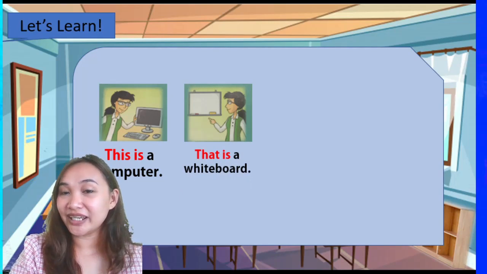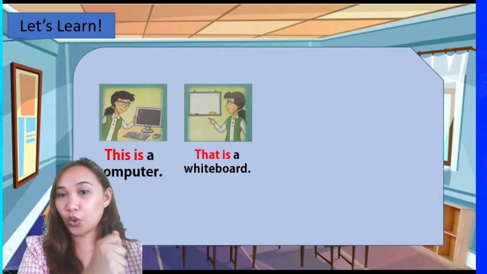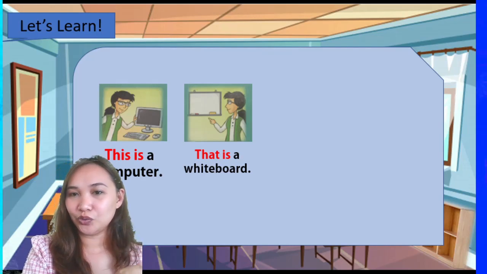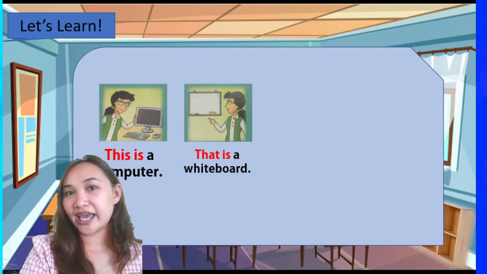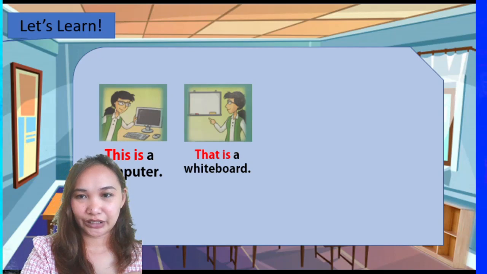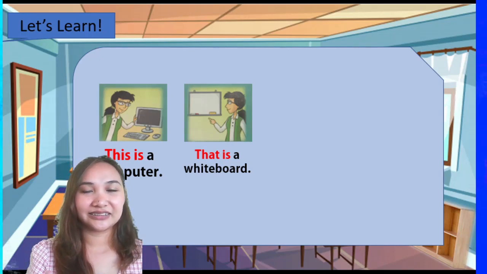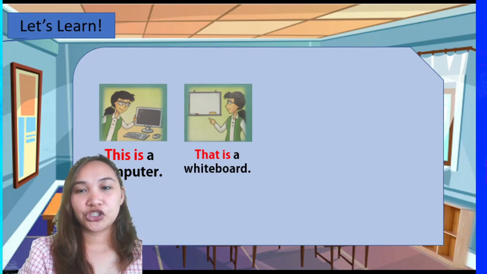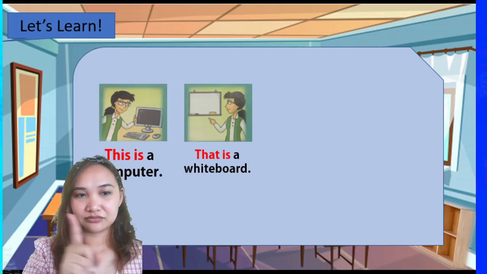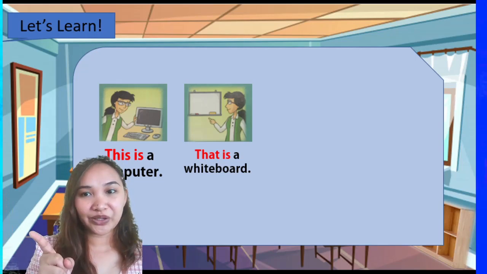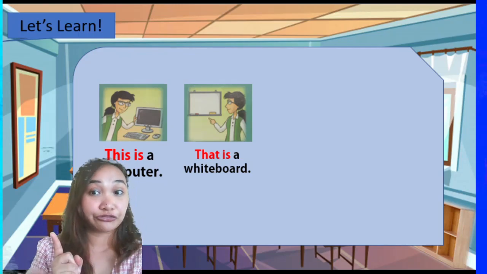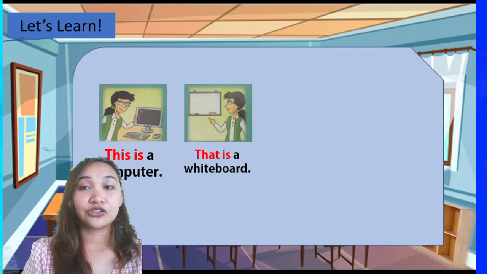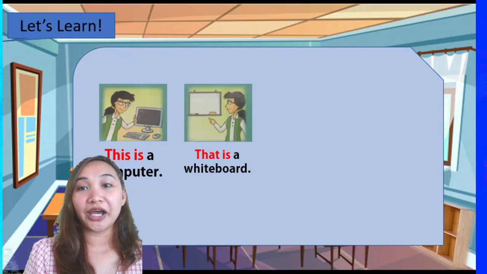In the first one, she is holding the computer, so she says, this is a computer. In the next example, she is pointing to the whiteboard, meaning she is far from it. So she says, that is a whiteboard.